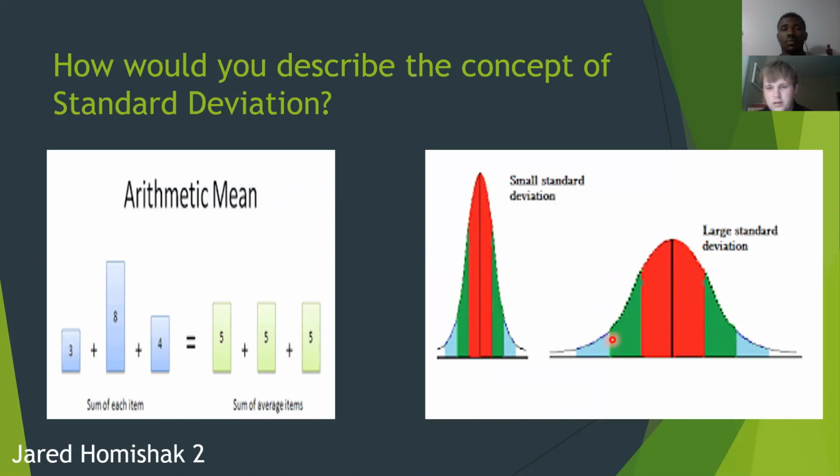Going to the green blue line would be two deviations, and the blue and white line is three deviations, and so on. So basically, you start with a mean, and then you use that as a basis to find common lines of deviations that split the data up.